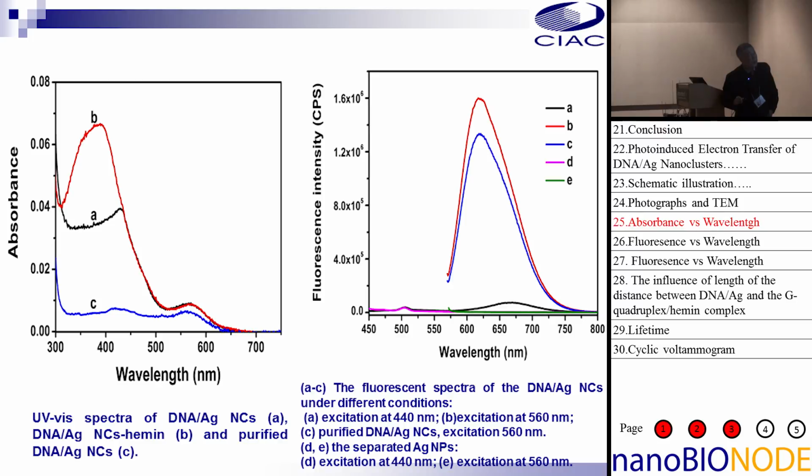And C, the purified DNA, is also not active. C is the purified one, and D and E are the separated silver nanocluster particles. So this is just to show you the typical peak of the silver nanocluster and purification; of the potential excitation wavelengths, 400 is the one that is active.